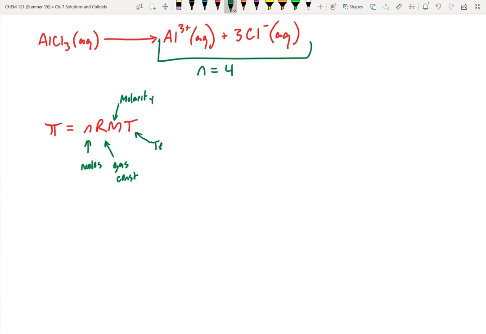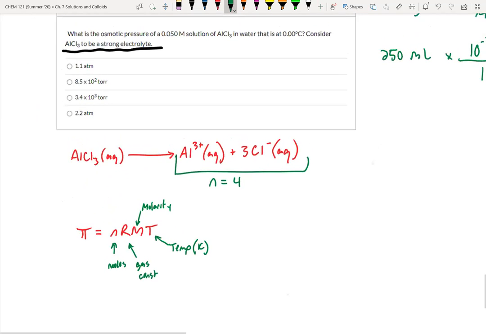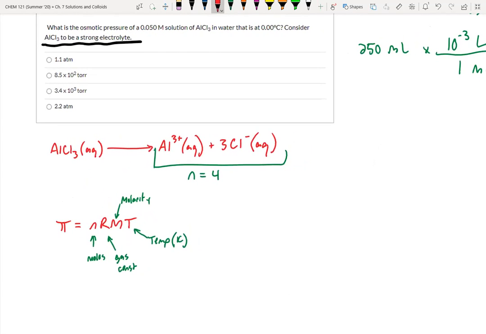And T is the temp in Kelvin. Okay, so we just said that N is going to be equal to 4. Our gas constant, if you remember, is 0.0821 liters times ATM over mole Kelvin. Our molarity was given to us, which is 0.050 molar.